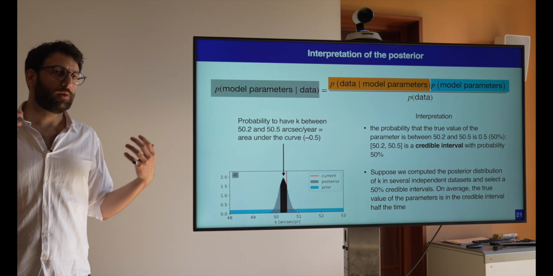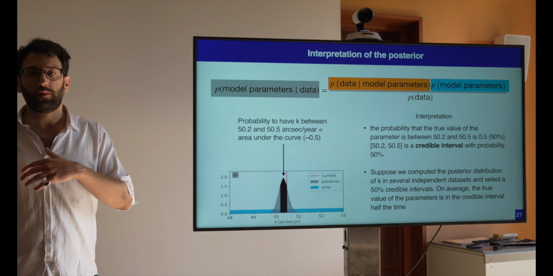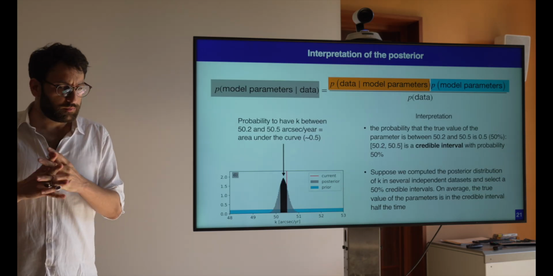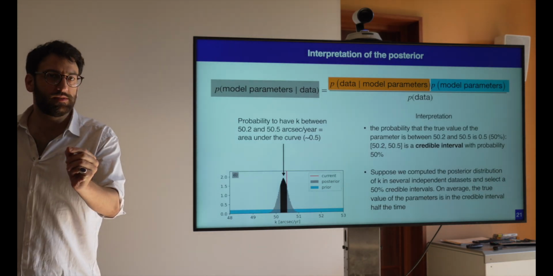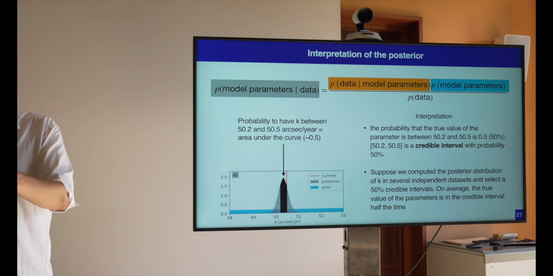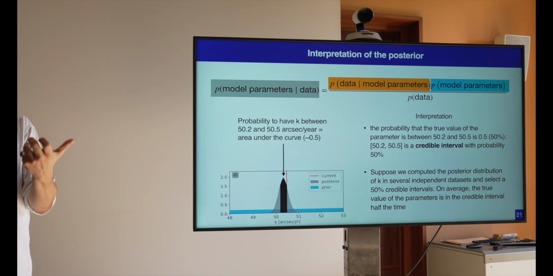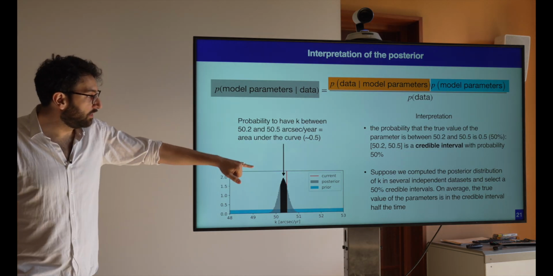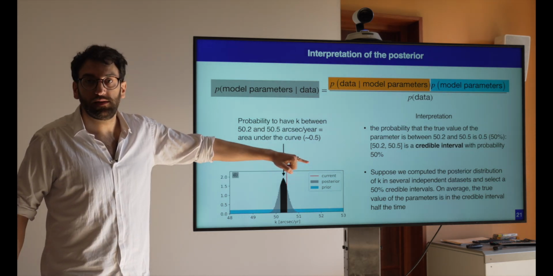It's not like in the frequentist setting, where probability is interpreted as a frequency, and you don't talk about posterior probability. But you could also see this posterior probability as a frequency.